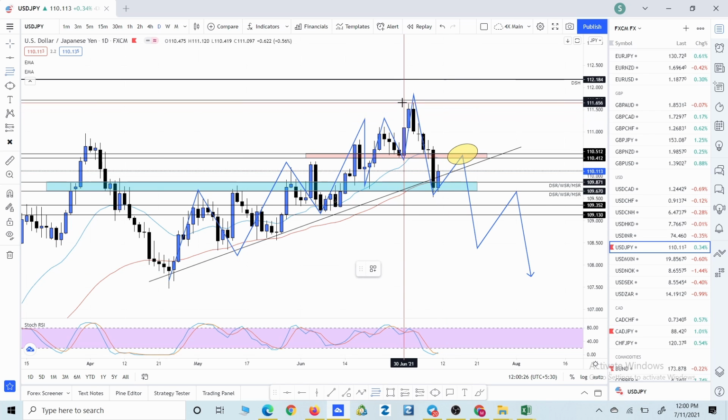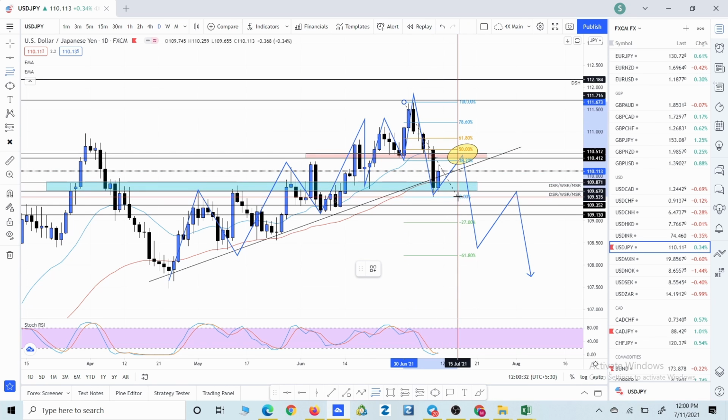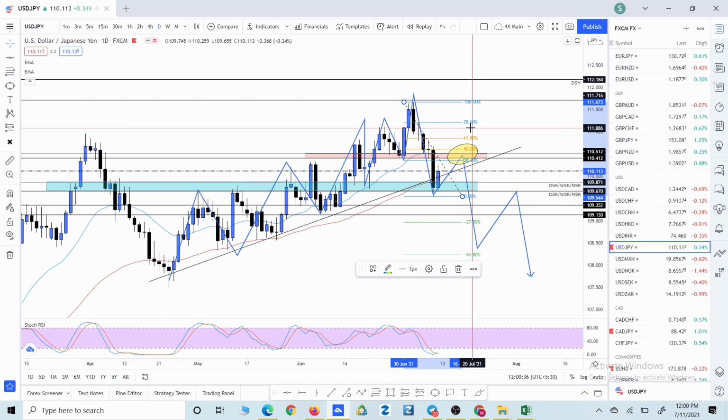Also, let's check the Fibonacci retracement, starting from the swing high or the impulsive wave starting point to the end. Then I'm going to see what kind of retracement. If we talk about this zone, guys, this is between 38.2 to 50%. Not the best retracement, but anything more than 38.2, I'm interested in taking the trade.